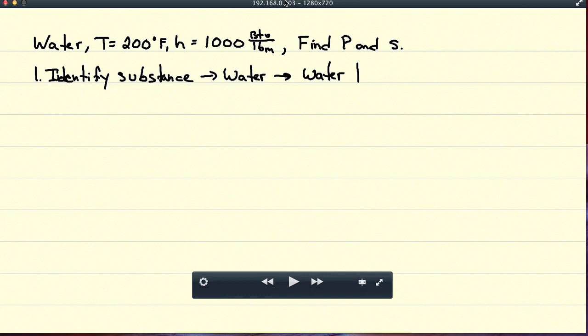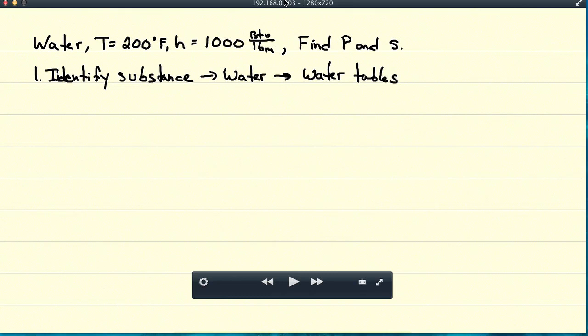This may seem like a trivial task. You may be wondering, why does he have us do this? We're told it's water. We know it's water. The reason I have you do this is that invariably every semester students get on a train of thought that always has them looking in the water tables to look up properties, but then they encounter a situation where they need properties for R134A, and because they've been trained to always look in the water tables, they go to the water tables instead of the R134A tables.